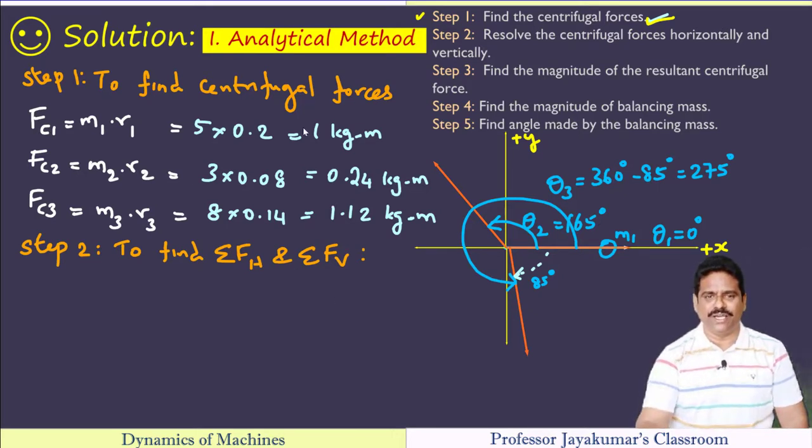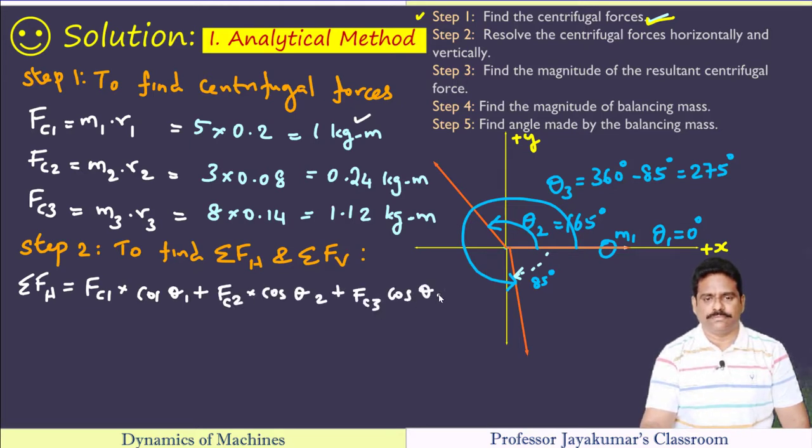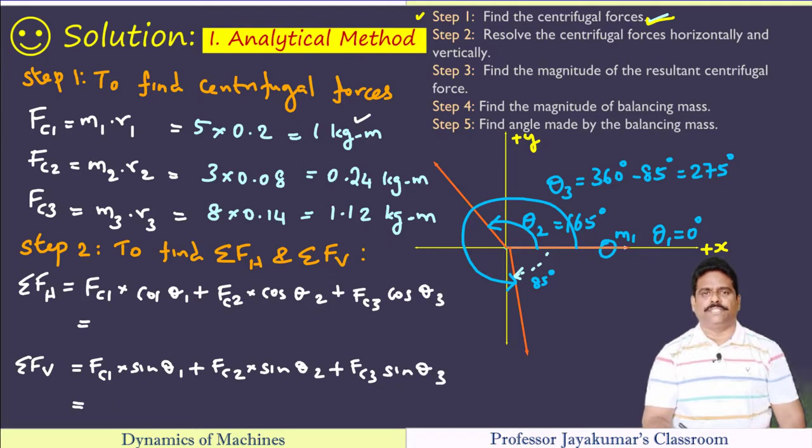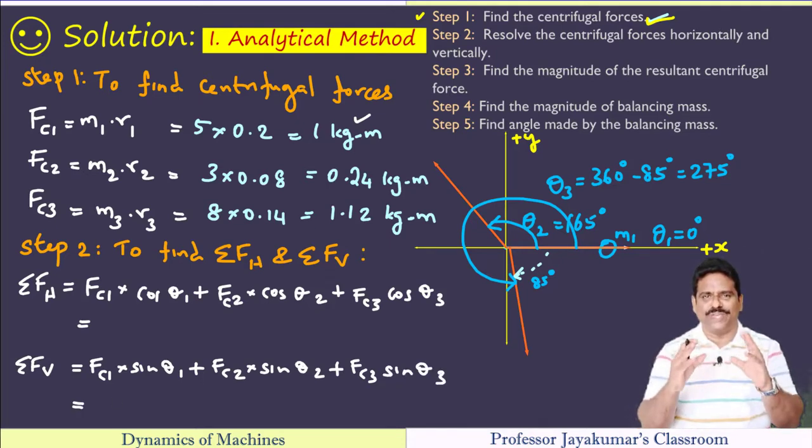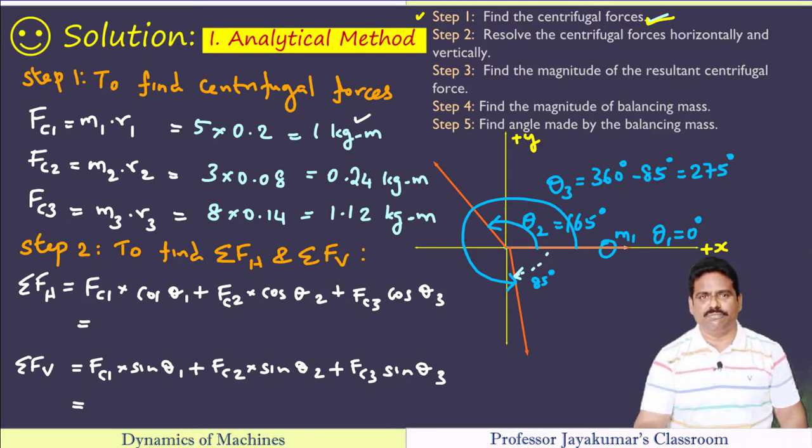So now I can easily determine sigma FH. I know all the force values, three force values, and their angles. So by mere substitution, I will get sigma FH and sigma FV.